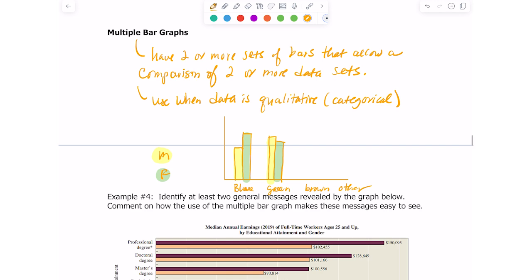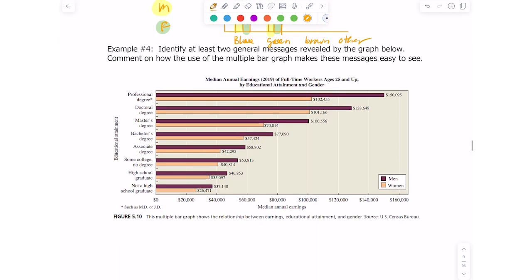So here's another example. We need to identify at least two general messages revealed by the graph below. Comment on how the use of the multiple bar graph makes these messages easy to see. So first of all, we want to look at the title, like what is this graph even showing us? And it's showing us the median annual earnings in 2019 of full-time workers ages 25 and up by educational attainment and gender.